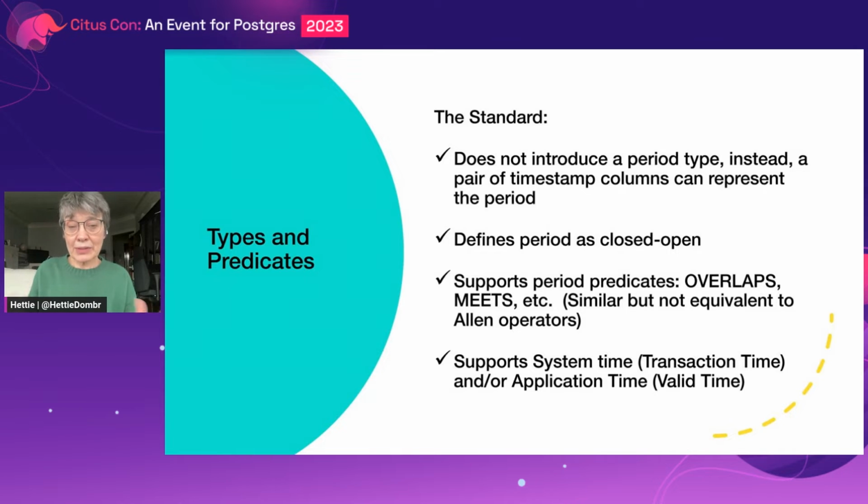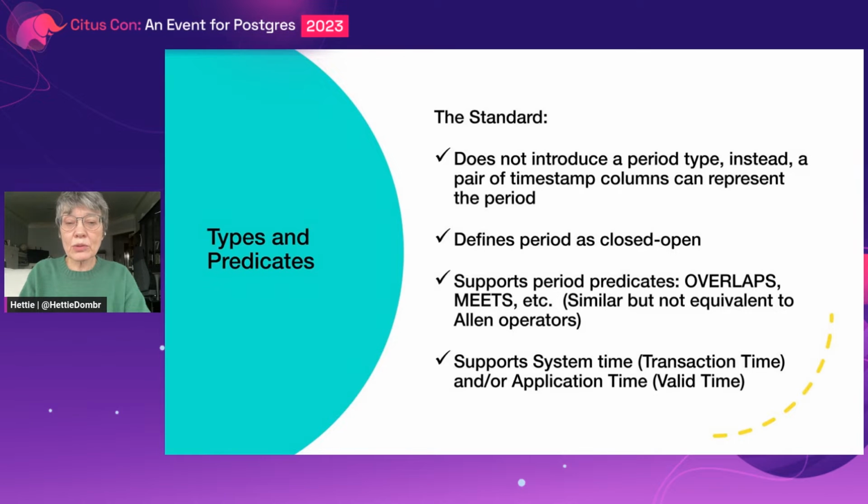So basically what they said, okay, you can have one timestamp as the period start, one timestamp as the period end, and any time period is defined as closed-open. So the start is included, the end is excluded.